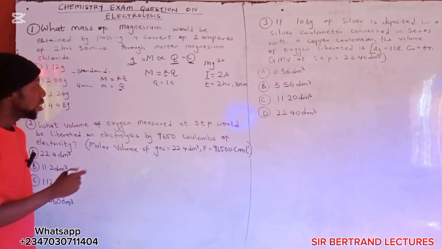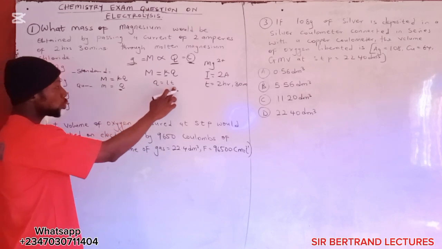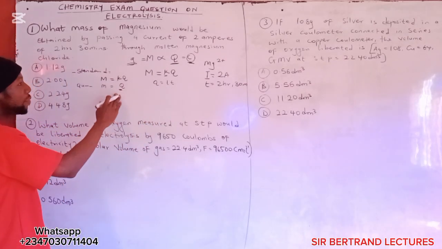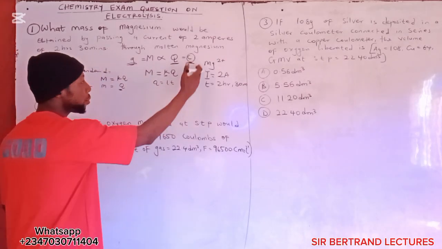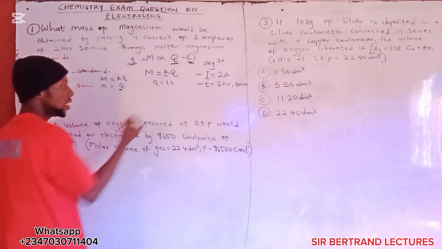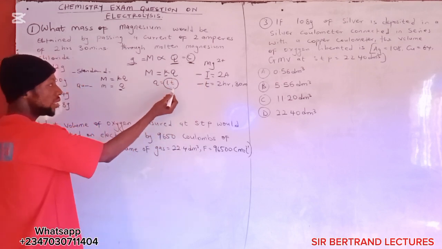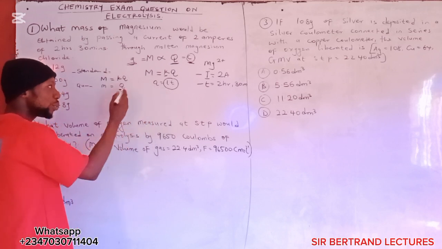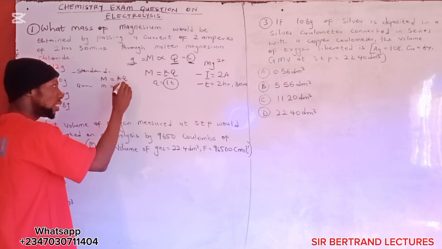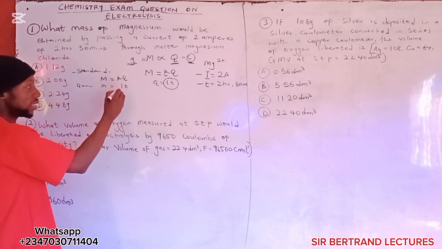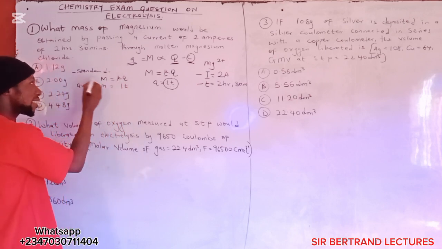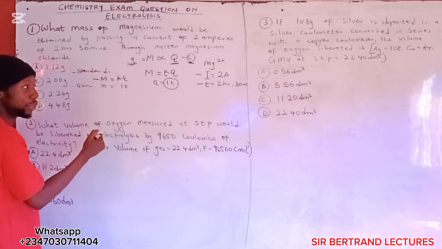Are you following? If you look at the question, we don't have Q here, but we have I and T given. Q is equal to IT, so IT will represent Q in this formula. Remember, K is not here. We use K in the standard, and this is the standard given to us.